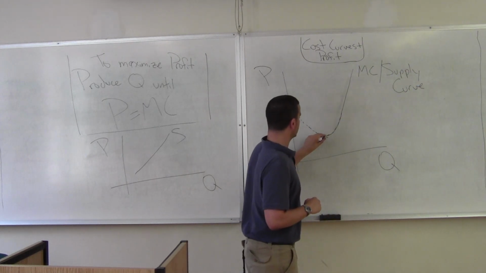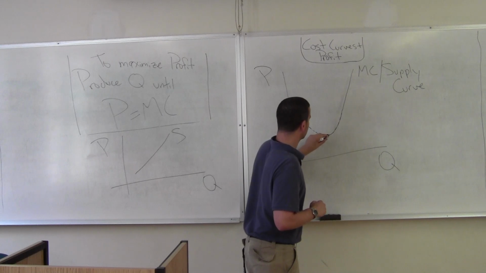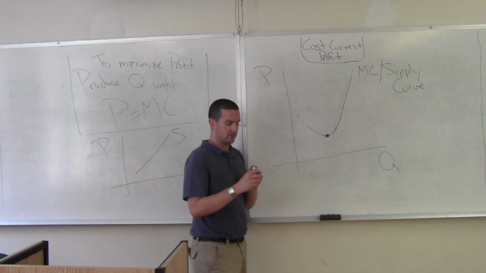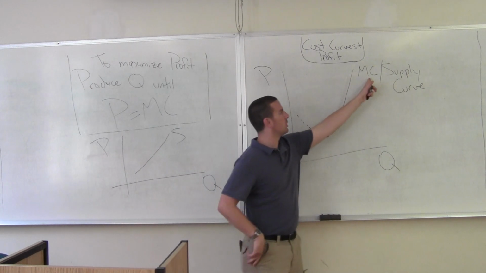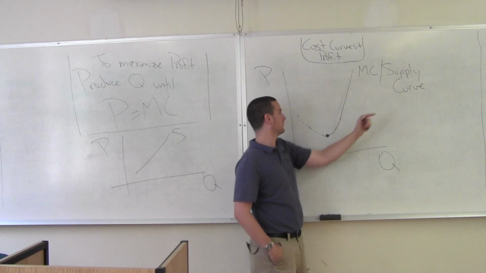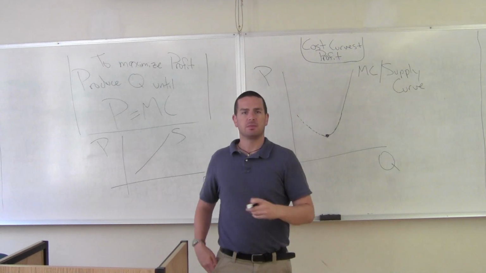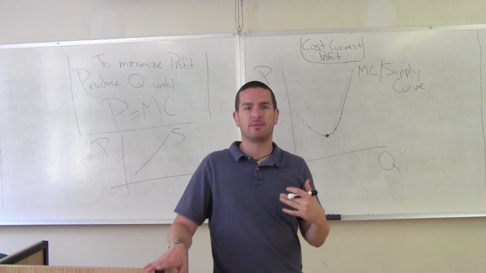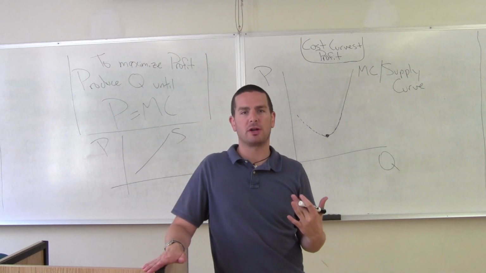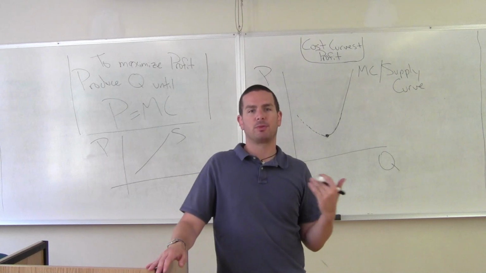I'm just going to draw a little circle here for our shutdown point. Okay? This is our marginal cost / supply curve. The dashed portion represents points on the marginal cost curve that we would not produce at.